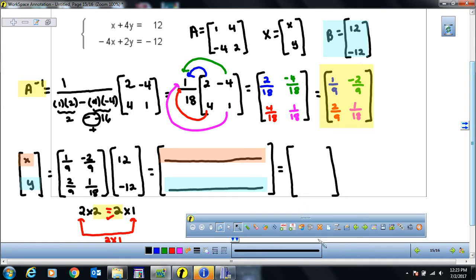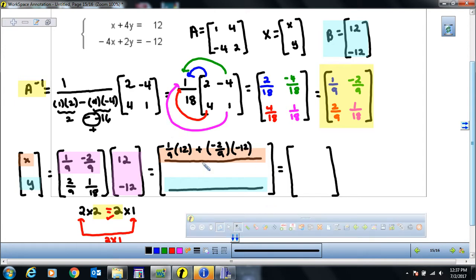Let's find that out. In order for me to find the first one, it is located in the first row, first column. So you're going to multiply the first row times the first column, which is this. Okay? So you multiply the 1/9 times the 12 plus the negative 2/9 times the negative 12, and then you're going to add the results.